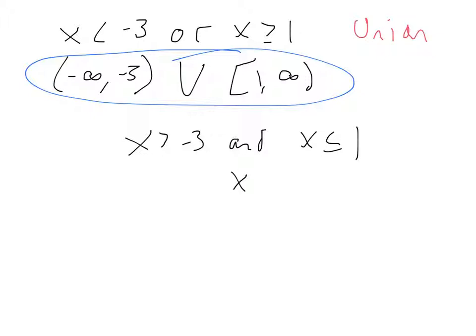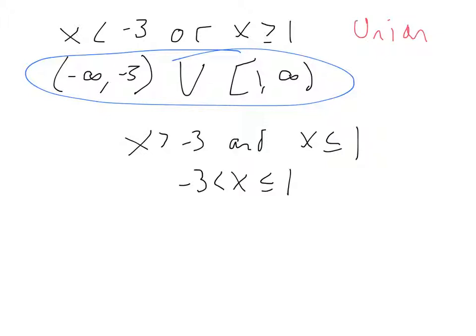How do I write this as a single inequality with the word and? That between notation. Negative 3 less than x, and then x is less than or equal to 1. So essentially we're saying x is between negative 3 and 1.